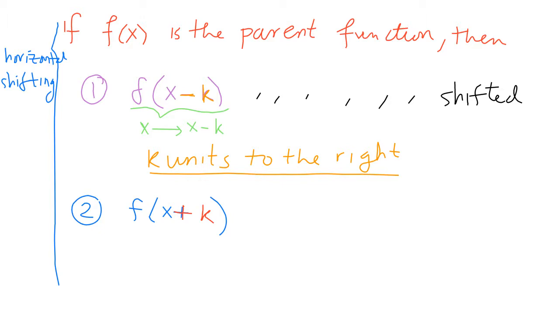So in this case, we replace x by x plus k. What's the effect? This is the parent function shifted k units to the left.